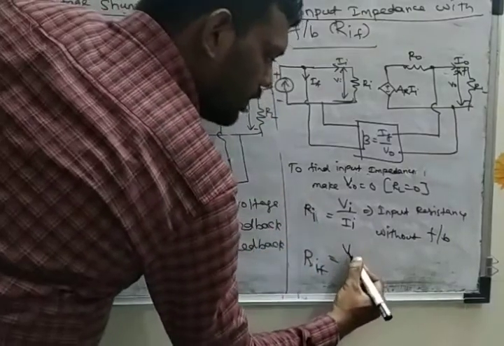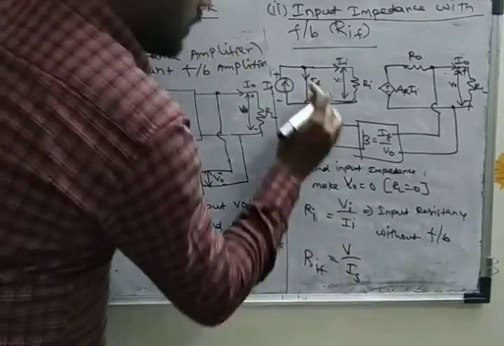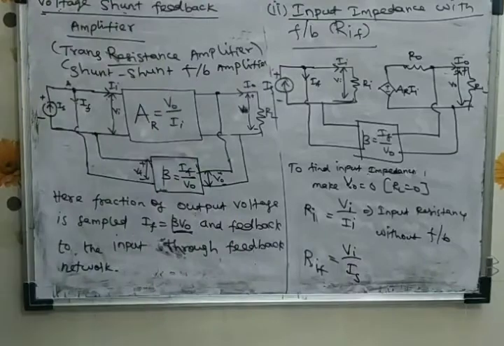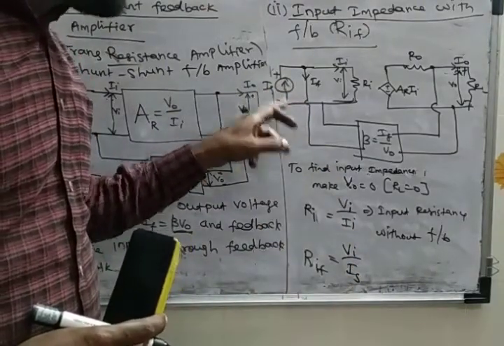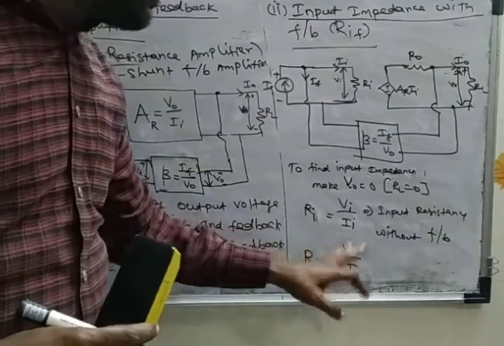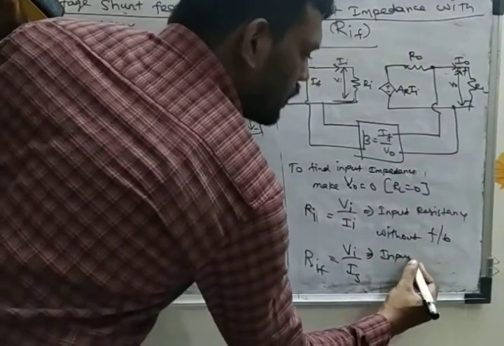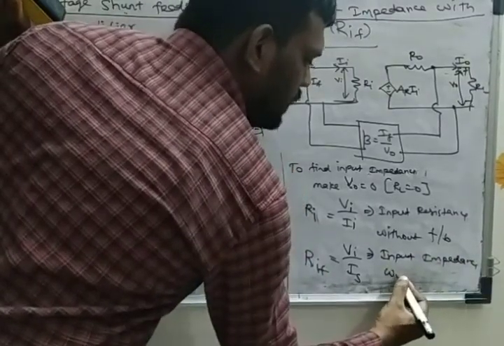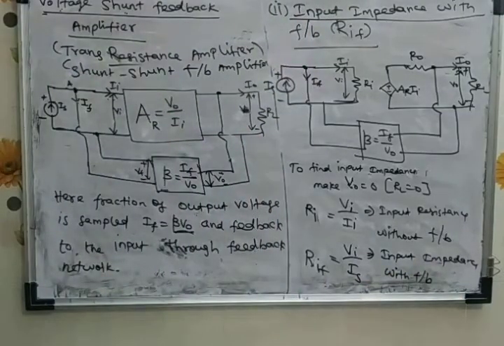So you will get V by I. Here we have current source IS, so VA divided by IS is the input impedance with feedback.